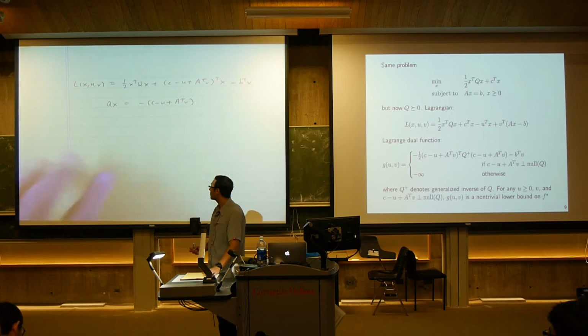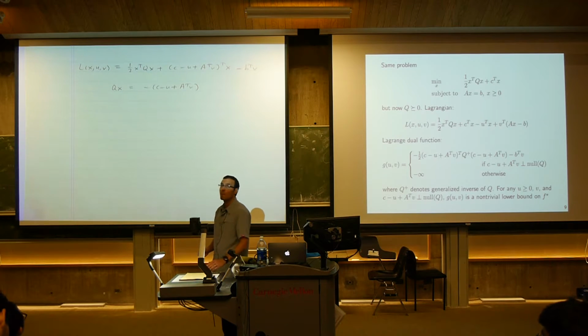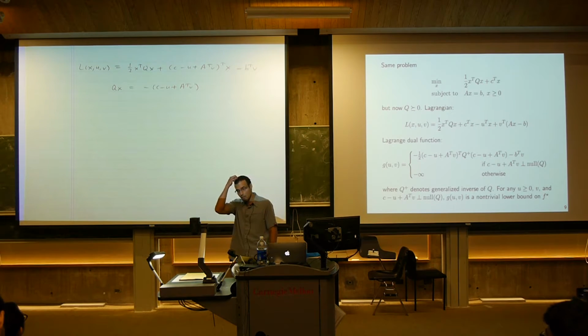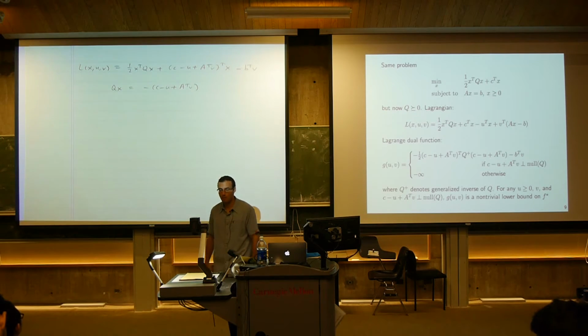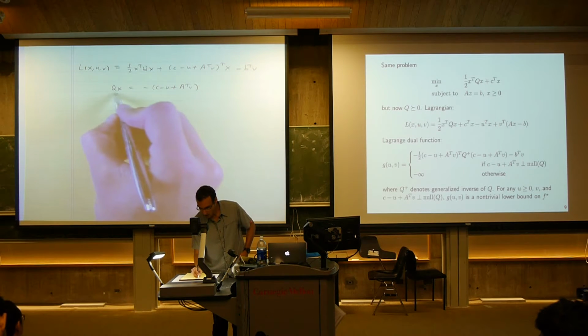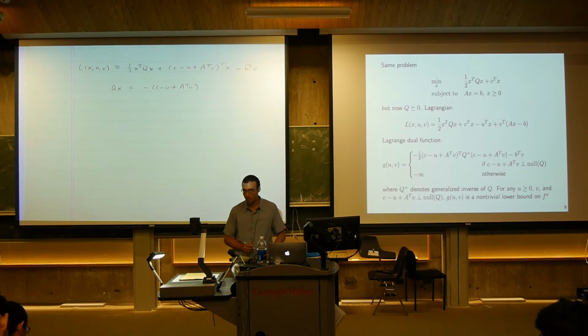We still are seeking a point x that makes this true, right? If we could find an x that makes this true, then we could plug that in and find the minimum of the Lagrangian. But the difficulty here, in the linear system, is that this matrix need not have an inverse anymore. So there's two cases that we have to think about.